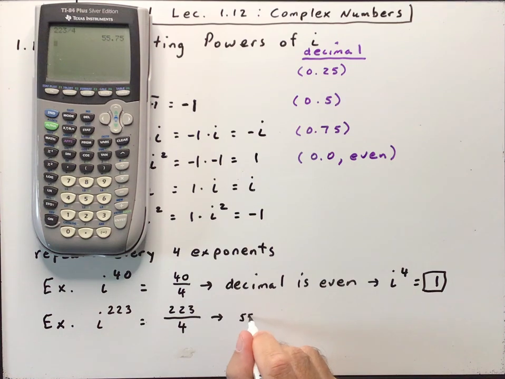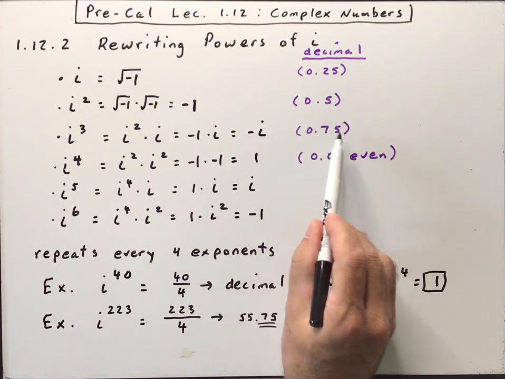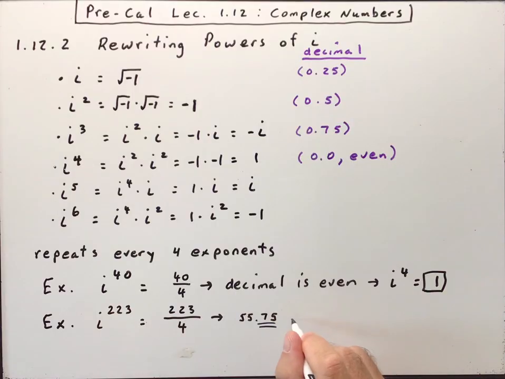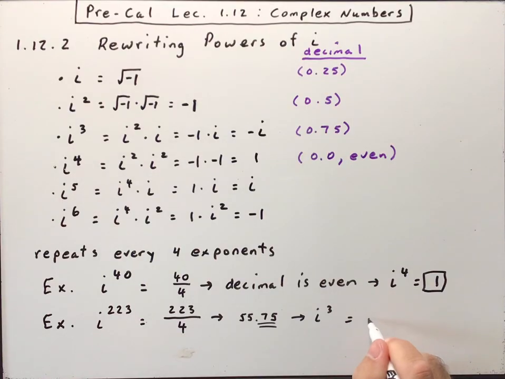So we don't care about the 55, it's 0.75. So which one corresponds to 0.75? It's i cubed. And we know that i cubed, and you do have to memorize all of this, is just negative i. So i to the 223rd is just a fancy way of saying i cubed, which is negative i.